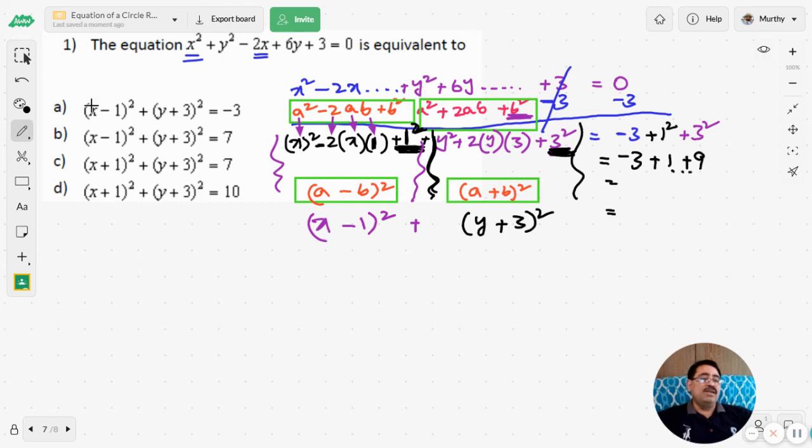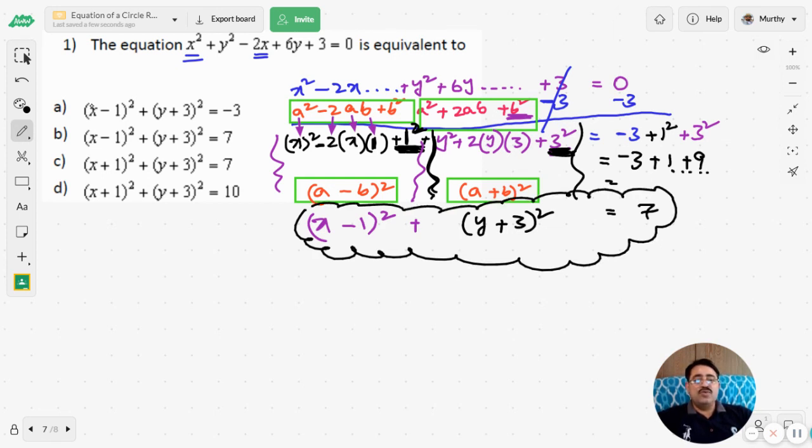So 10 minus 3, I'll get 7 here. Now x minus 1 square plus y plus 3 square. X minus 1 square, yes, it's there. Y plus 3 square, it's there. And 7, so I'll go with option B.